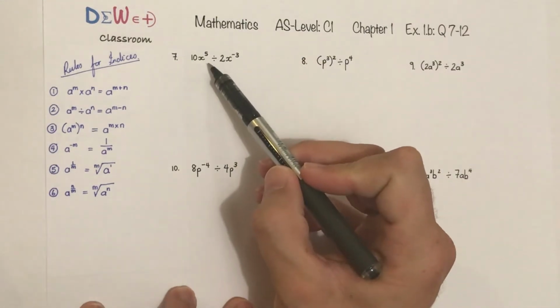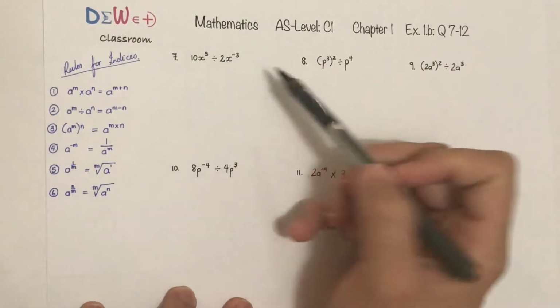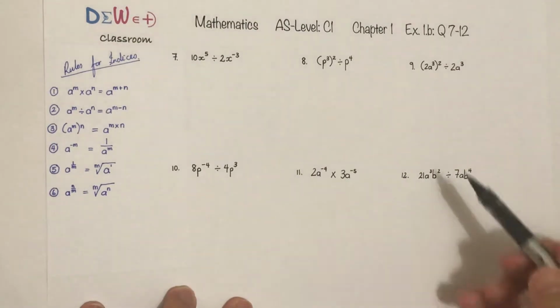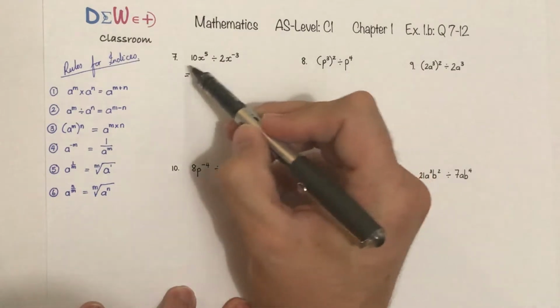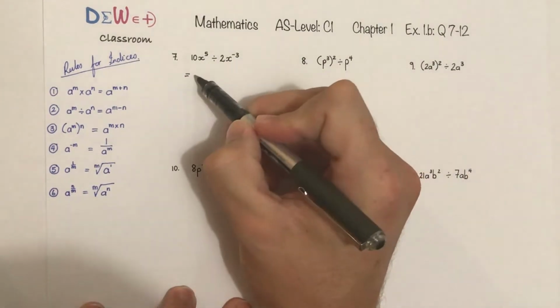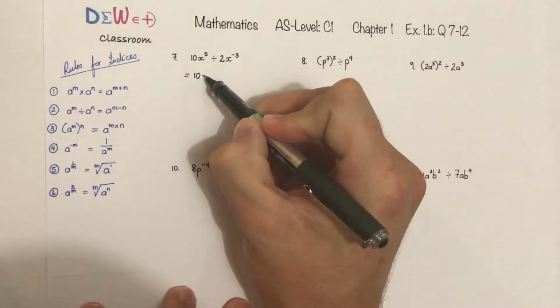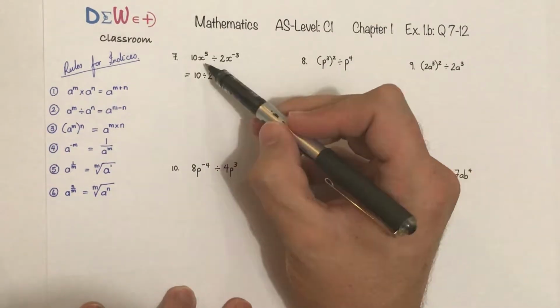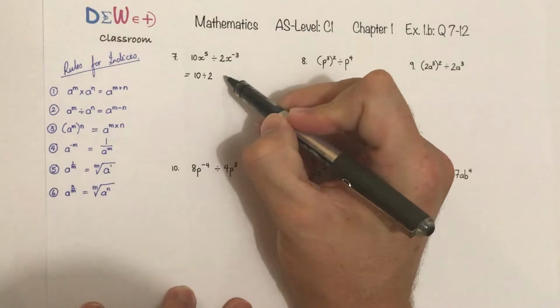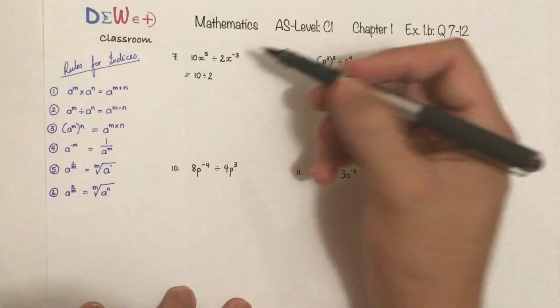10x to the power 5 divide by 2x to the power minus 3. So if we were to rewrite this, we would have our coefficients first. So it would be 10 divide by 2. Then we would have our bases, the x, and we would apply rule number 2 to them.